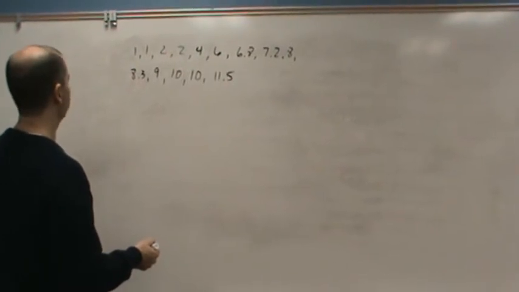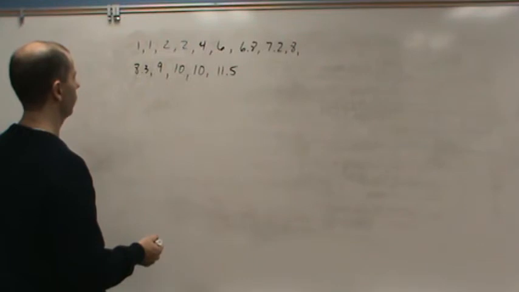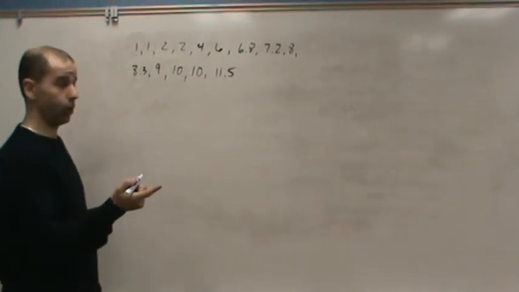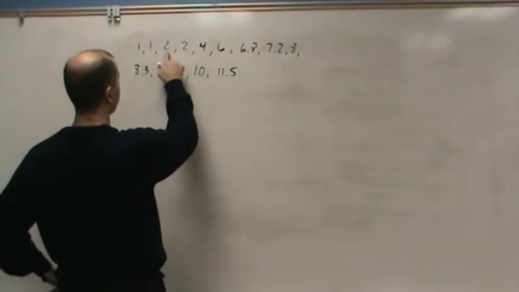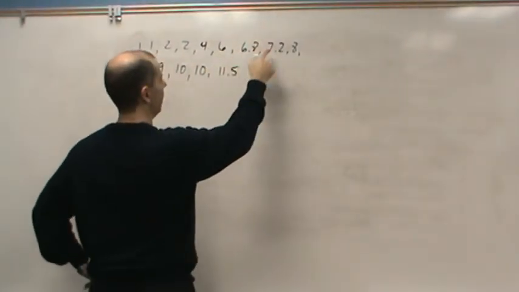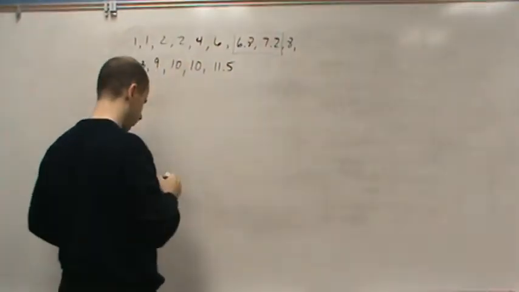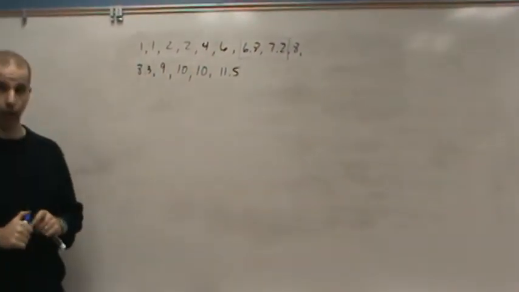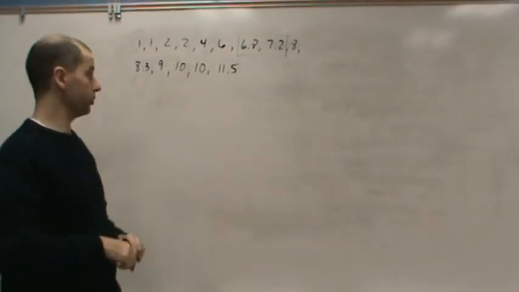Half of 14 is 7, so I need to find my 7th position and my 8th position. 1, 2, 3, 4, 5, 6, 7, and 8. These two are what I'm going to use to find the median.